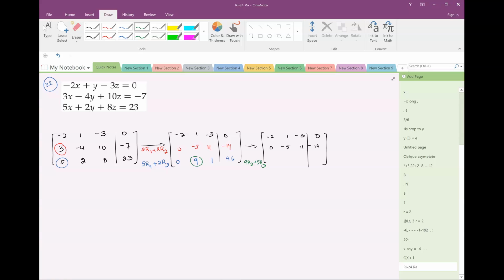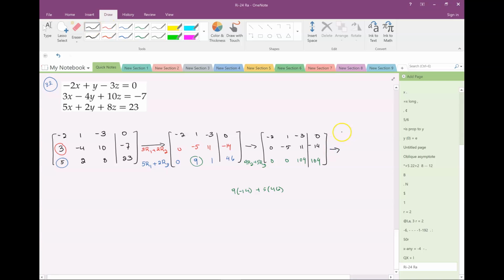But this works, right? 9 and 5. So negative 45 plus 45, that's 0. Okay, so 99 plus 5, 104. And then here we have, is it 104 again? Yay. Okay. So now let's put these in row echelon form.